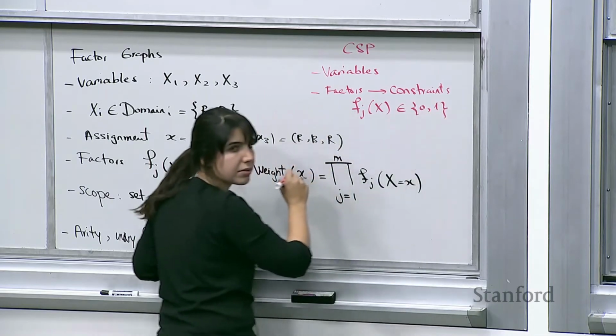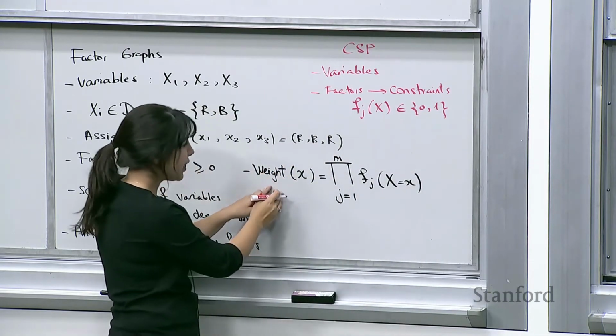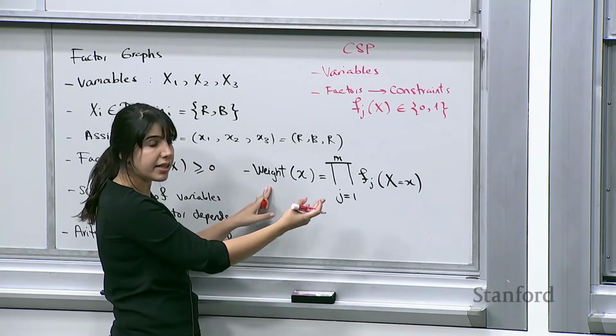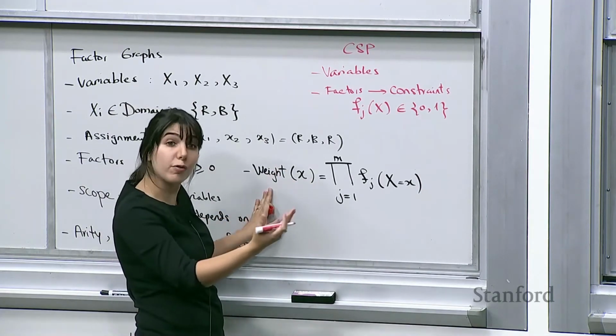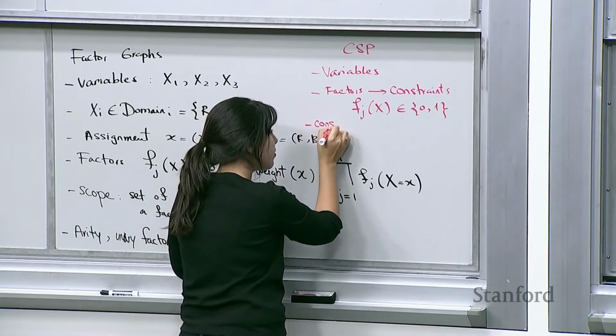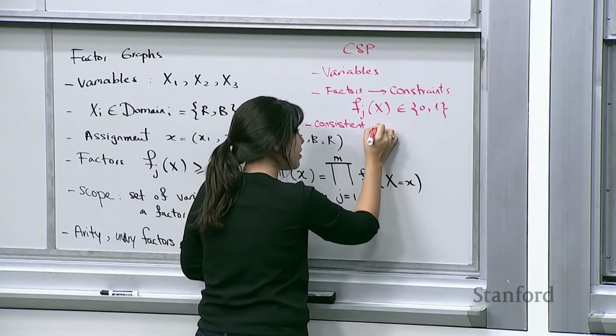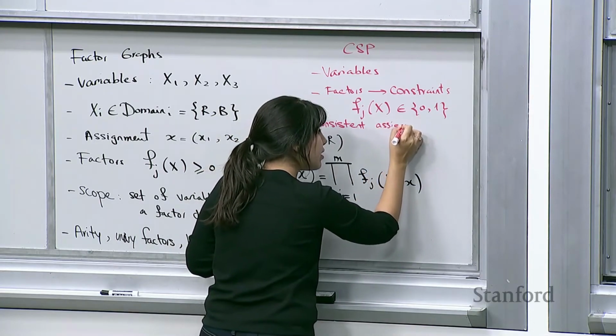They're not anything else. Okay? And if you find an assignment where your weight is equal to 1, then that means that you're satisfying all your factors, and that's called a consistent assignment.